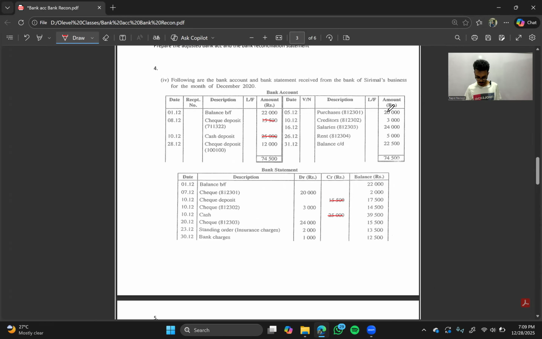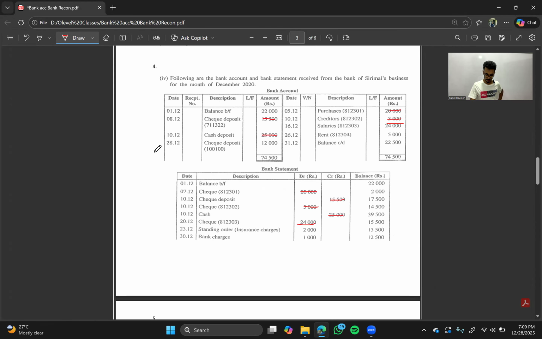There is 20,000, and then there is 3,000, and there is 24,000. 5,000, 22,000, 2,000, 1,000. Net. Okay. So now we have done the cross checking. Now we'll do the sum.